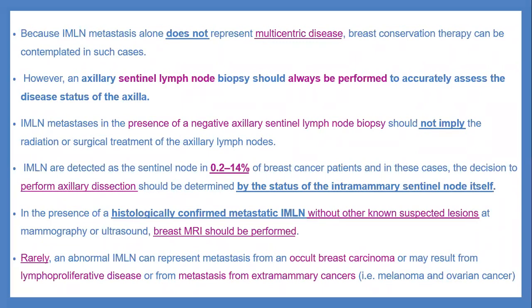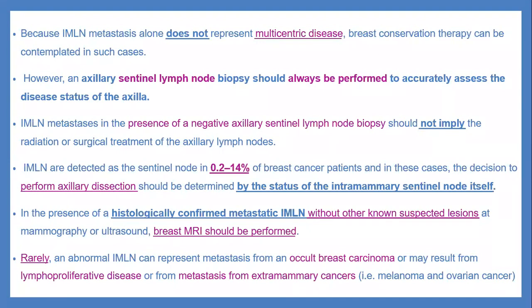If the patient has breast cancer in the medial or lower breast, and in the upper outer breast there are metastatic intramammary lymph nodes, we cannot consider it a multicentric disease. We consider it as metastatic adenopathy, not multicentric.